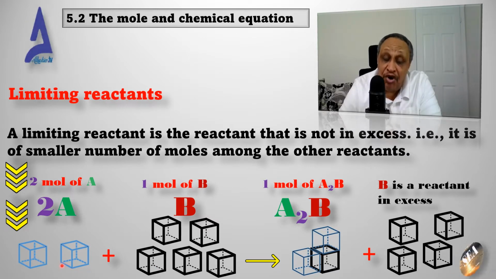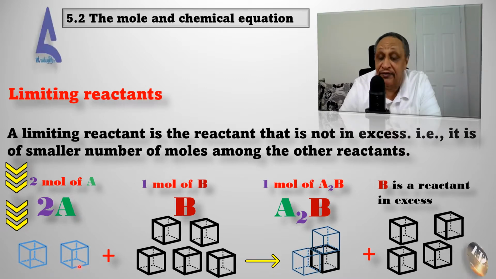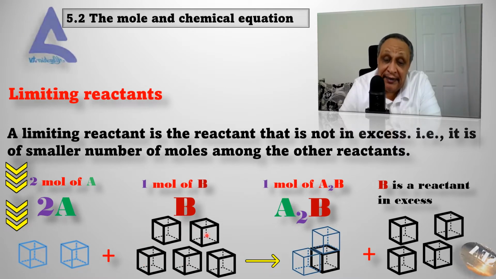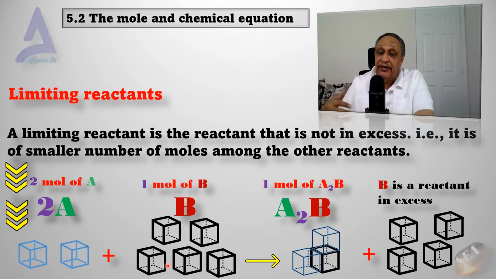However, if you want to make a recipe for each of the 2 persons, you need 4 units of this, and you need 2 units of this. Despite this one having 5 units, and those 5 units are more than enough because you are going to use 1 unit in each recipe.